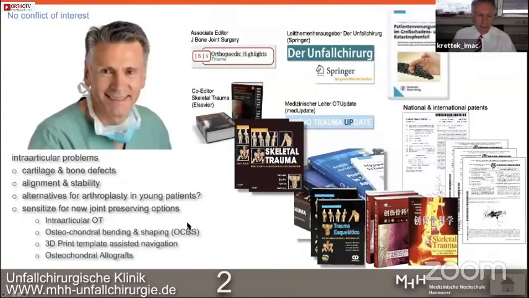Good. So intra-articular problems: we have cartilage and bone problems, and alignment and stability, ligamentous stability, are additional key points. We have to have not only cartilage; the meniscus also has an important role on both sides, medial and lateral.